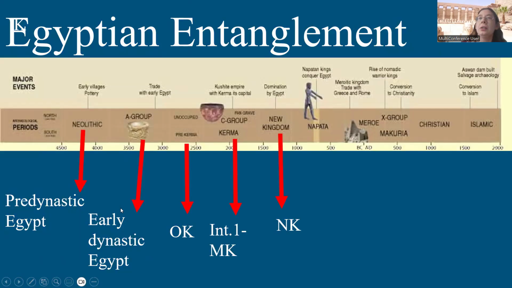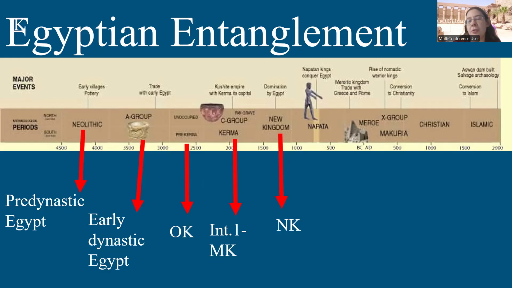One of the other facets of ancient Egyptian culture that has received more focus in recent decades is their entanglement and their relations with ancient Nubia or ancient Kush, as they also refer to it.